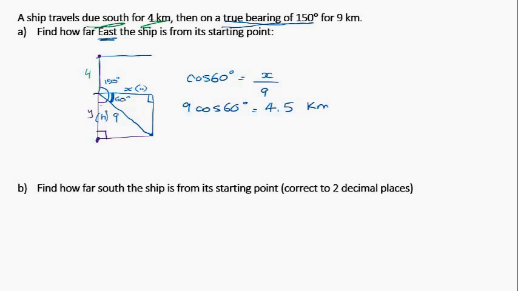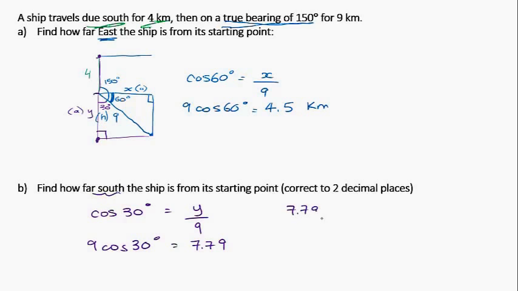This angle here is going to be 30 degrees because that one was 60. I know that the hypotenuse is 9. Again, y is my adjacent side, so cos 30 degrees equals y over 9. To solve for y, I do 9 times cos 30, which to 2 decimal places gives me 7.79. Now to answer how far south I went, that's 7.79, so that length there, plus the 4 kilometers that I went originally, which is 11.79 kilometers south.